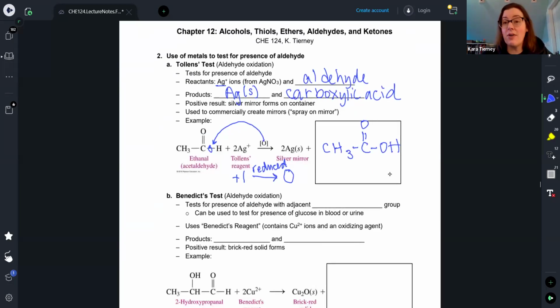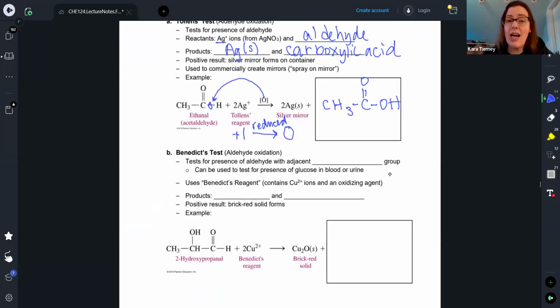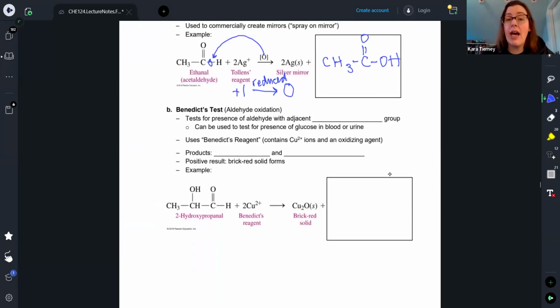The second test for an aldehyde actually tests specifically for an aldehyde with an adjacent hydroxyl or alcohol, because remember, hydroxyl is just an OH group. And we will be seeing this test because this is a way to test for carbohydrates, because aldoses have an aldehyde with a carbon with an adjacent alcohol.